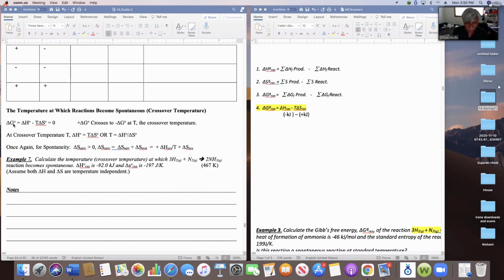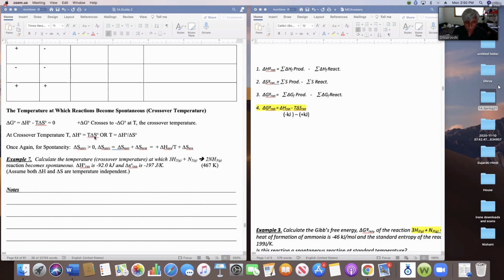So in this equation for delta G, we write that it equals 0. Positive delta G crosses to negative delta G at T, the crossover temperature. At crossover temperature T, it is not going to be 25 degrees Celsius. It's going to be different.